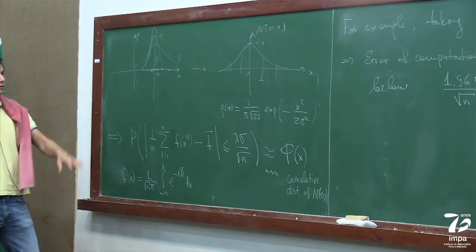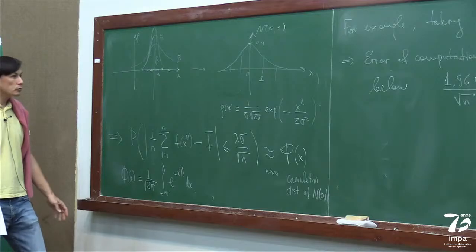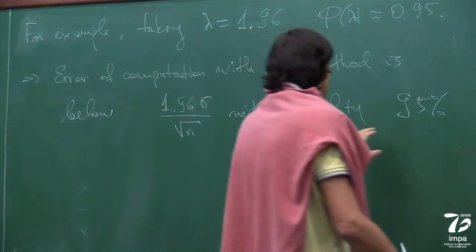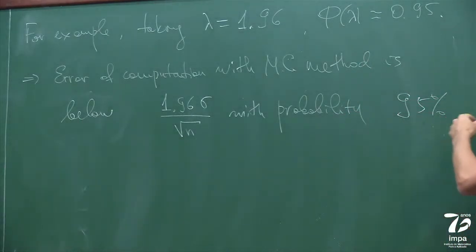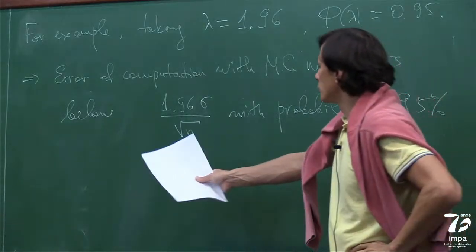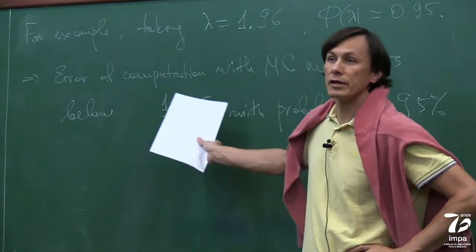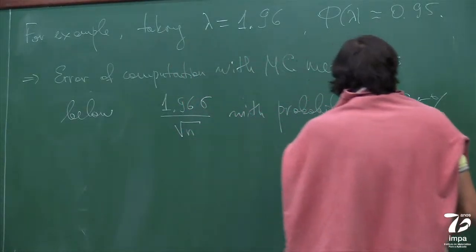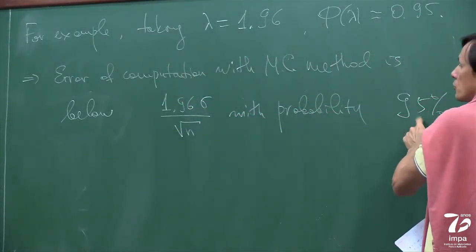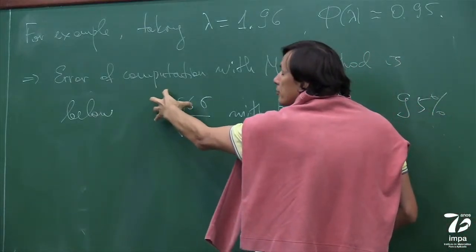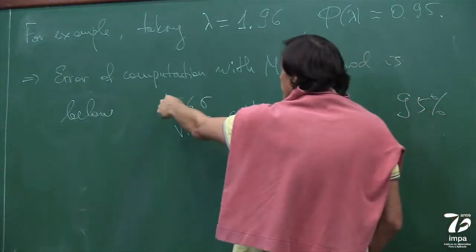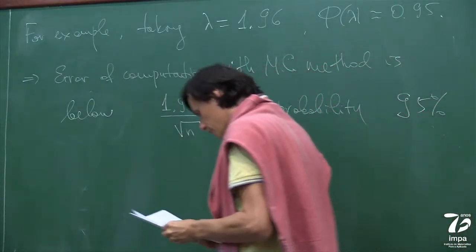But for example, taking this lambda, it gives you that if you want just 95% probability that your answer is correct, then with the Monte Carlo method you reach this accuracy. And whatever percentage you put, you always reach this accuracy, but just the prefactor will be different. So it's always something divided by square root of n.